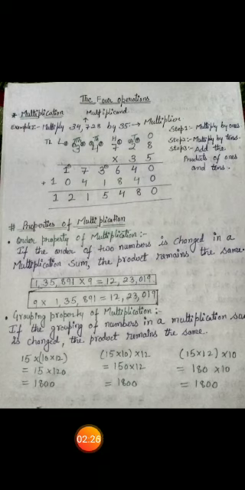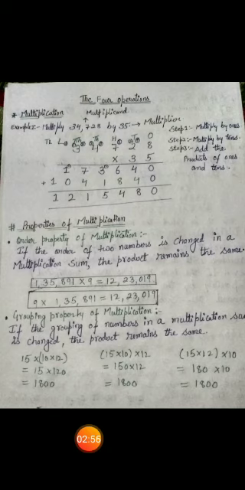Our second property is the grouping property of multiplication. If the grouping of numbers in a multiplication sum is changed, the product remains the same. In the example 15 into 10 into 12, first we multiply 10 into 12 to get 120, and then multiply 15 by 120 to get 1,800.